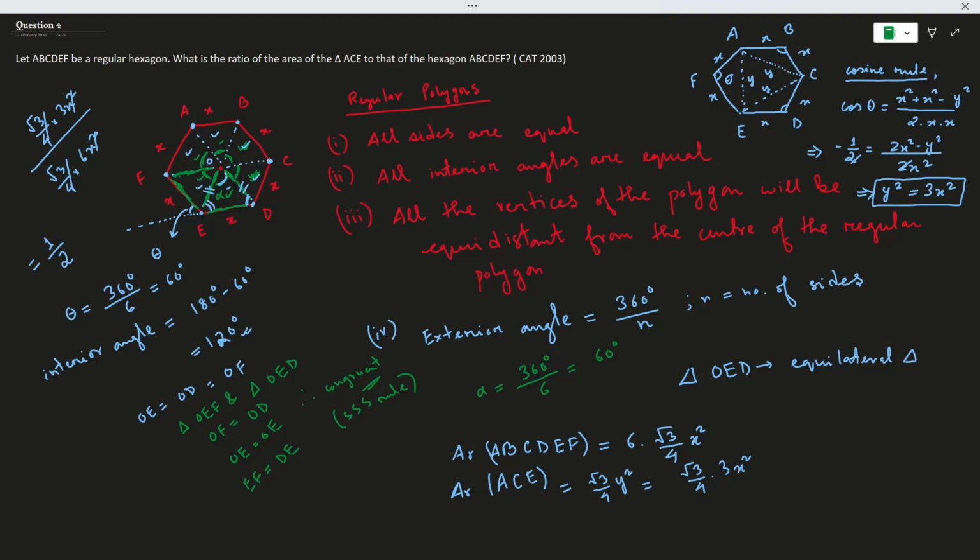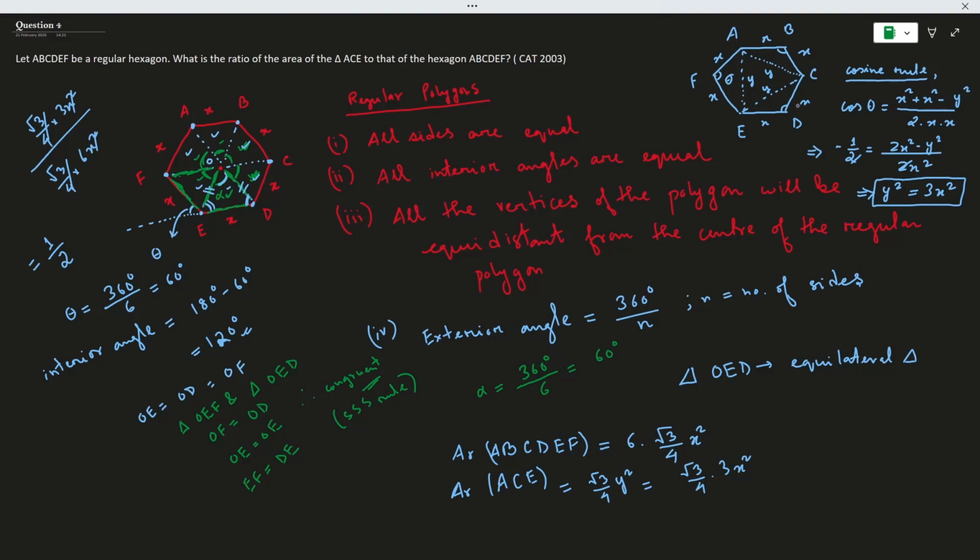Alright, so this seems to be a very long solution, but please remember, you can directly write the formula and find the ratio. I have explained it in detail so that you understand where the formula came from, and how to relate the sides of the equilateral triangle ACE to the sides of the regular hexagon.